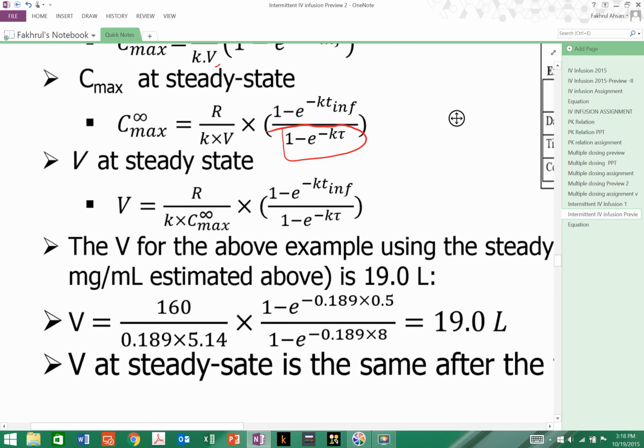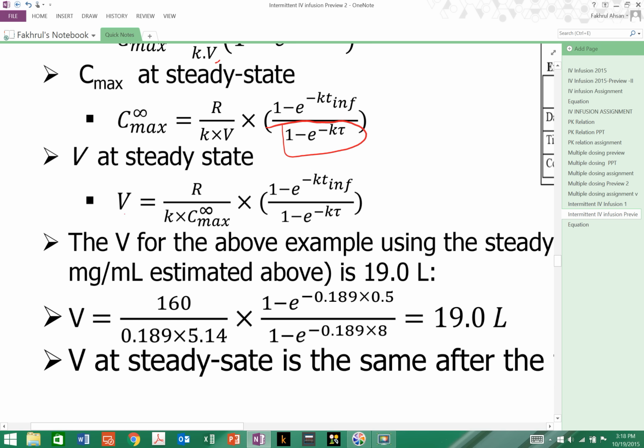In case of steady state, you use this equation, and it will give you an accurate V. If you use dose divided by C0, it is going to be an estimated V, a little smaller than the accurate one.